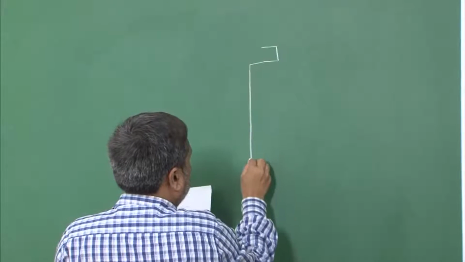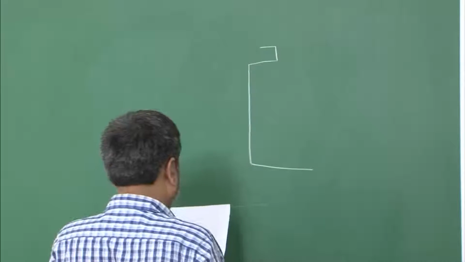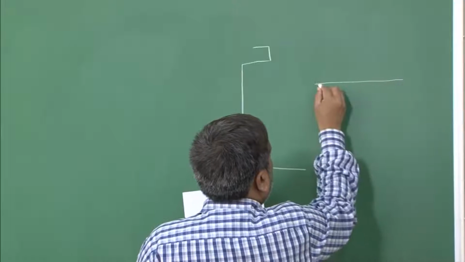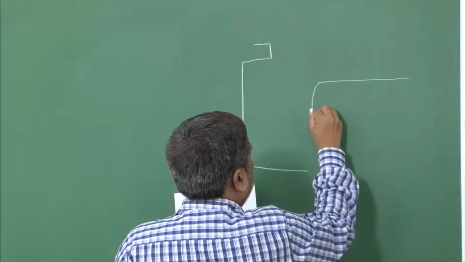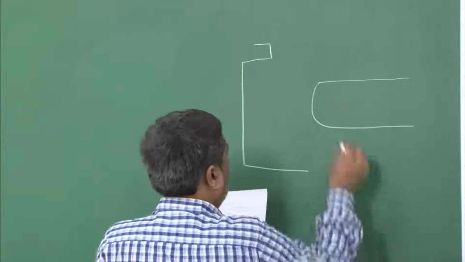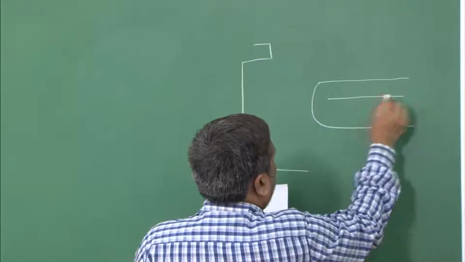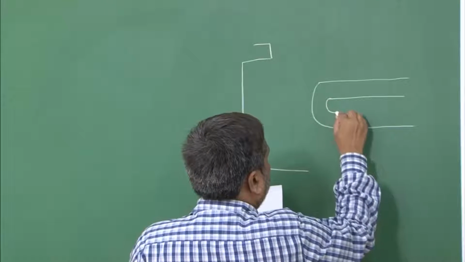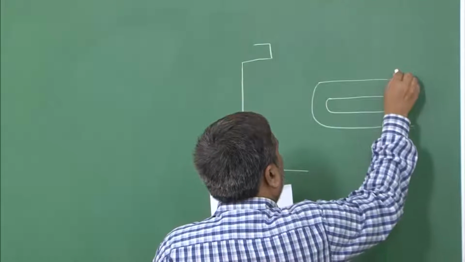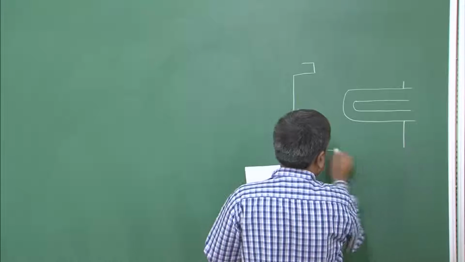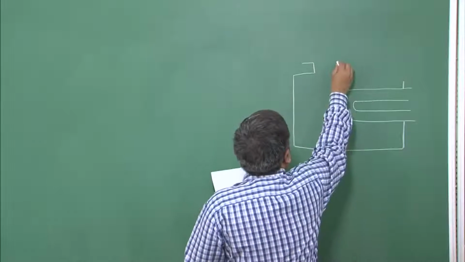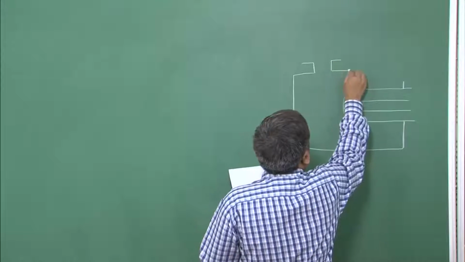Suppose this is the surrounding fluid, and in the surrounding fluid we have a heat exchanger coming in, which has a uniform diameter, and suppose this is our boundary.